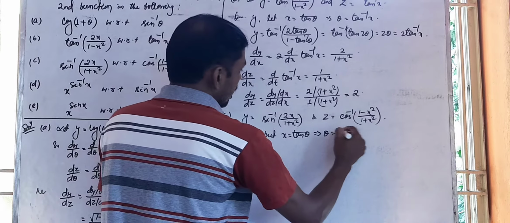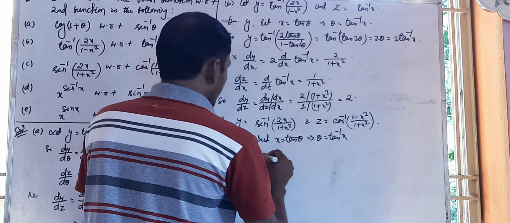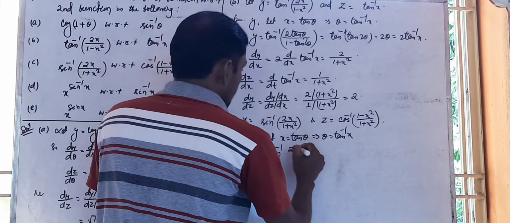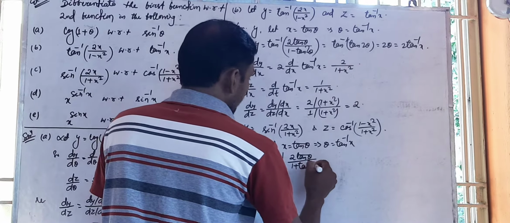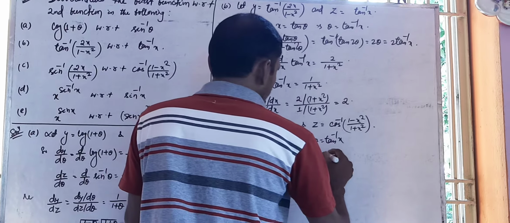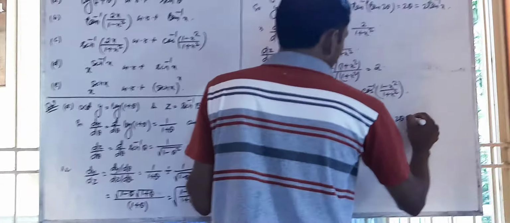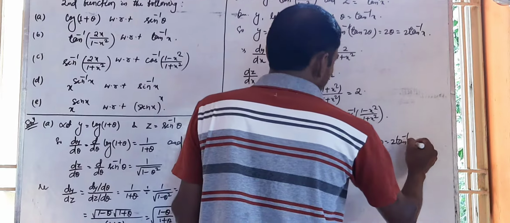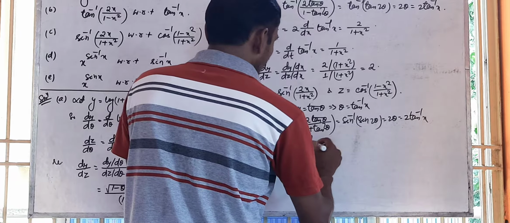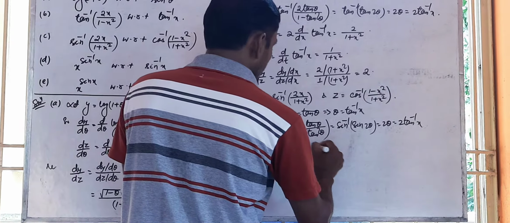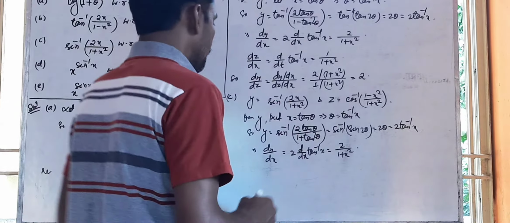This implies theta equals tan inverse x. So what is the value of y? y will be sin inverse of 2 tan theta by 1 plus tan square theta. That is sin inverse of sin 2 theta, which equals 2 theta, meaning 2 tan inverse x. So dy by dx of 2 tan inverse x is 2 by 1 plus x square.